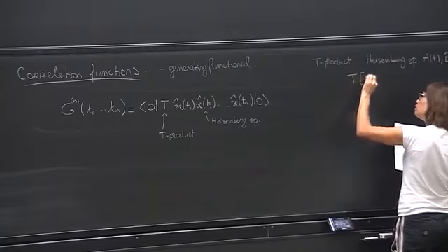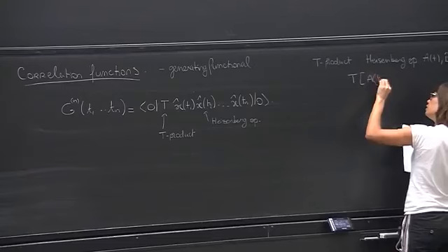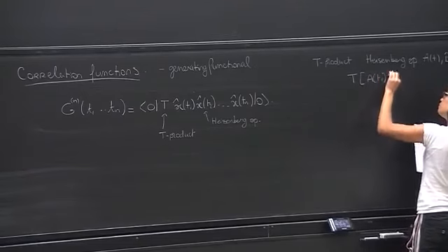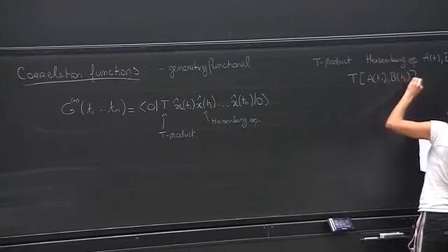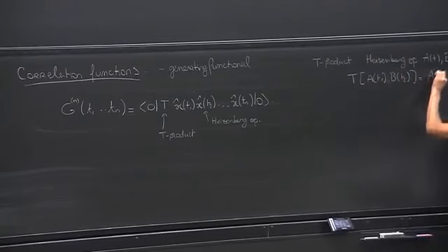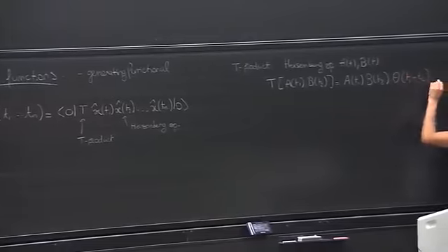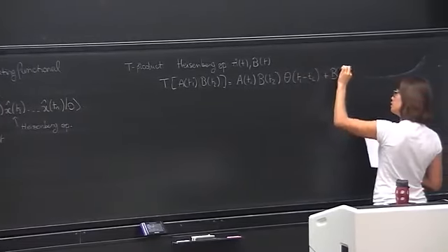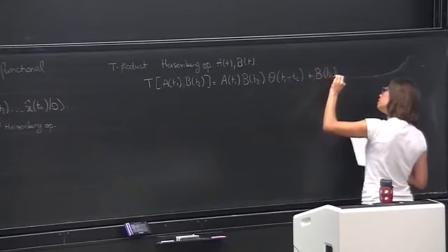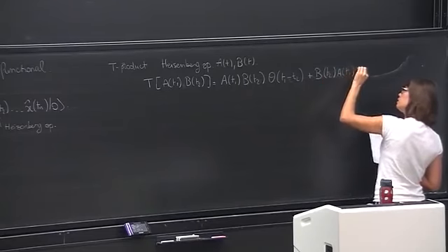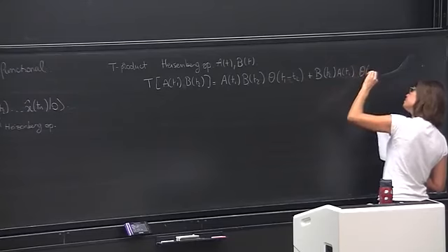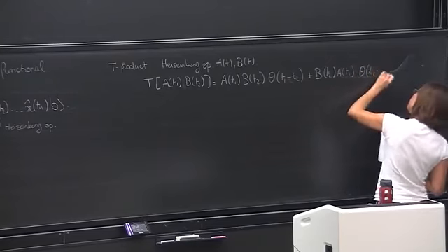If I consider only two, and then you generalize, I can use the Heaviside function to write it explicitly: it is A(t1)B(t2) when t1 is greater than t2, plus B(t2)A(t1) if t2 is greater than t1.